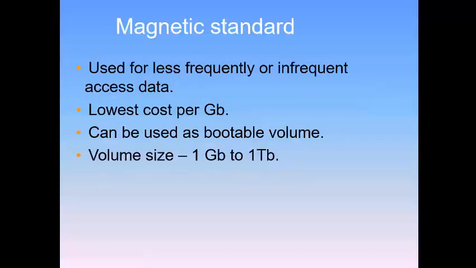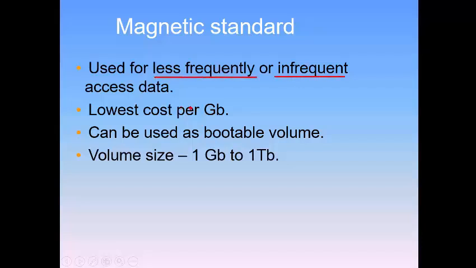Last one, the magnetic, is most commonly not used nowadays, but still available. The very first standard that came with EC2 was magnetic standard. After that, as speed increased and more throughput and more IO were required, SSD came. Same thing, it is used for less frequently and infrequently accessed data.